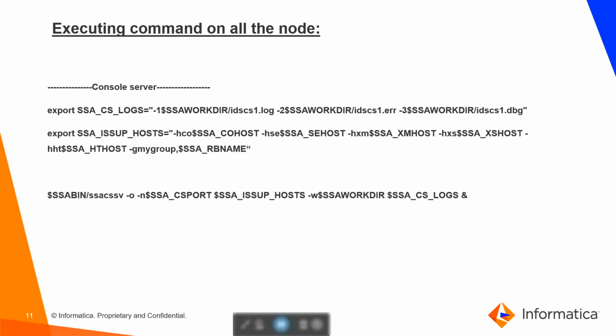While starting the console server, you have to specify which servers you have already started. So we have started the connection server, search server, XML search server, sync server, HTTP server. You have to specify them while starting the console server.